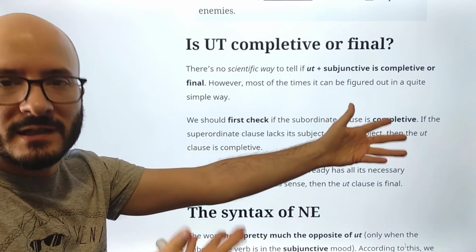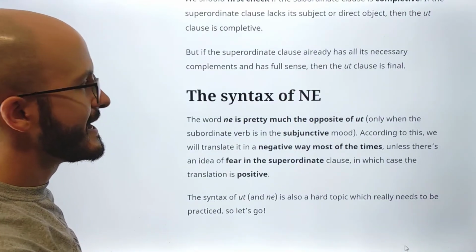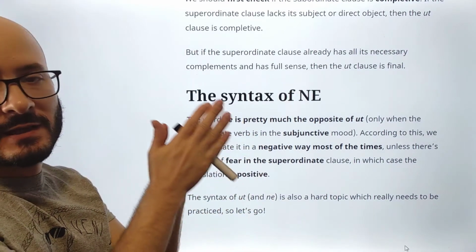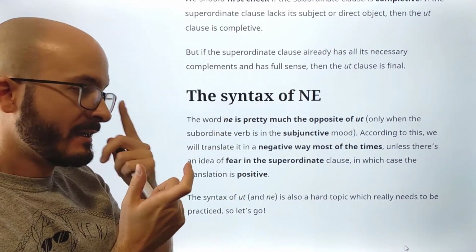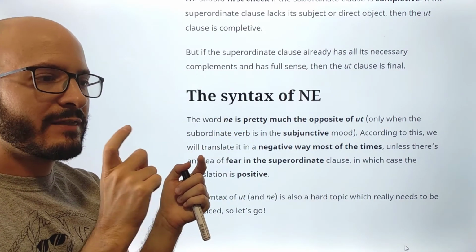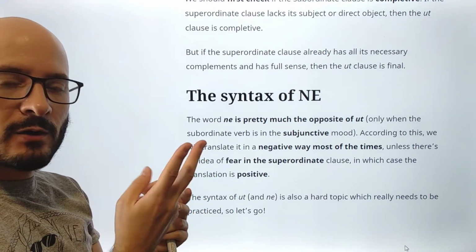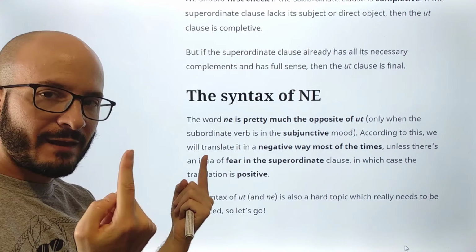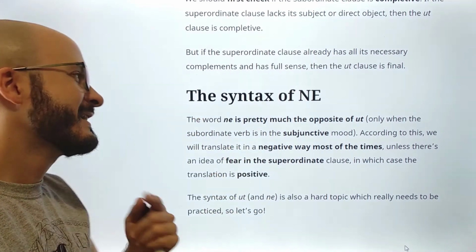And then, the syntax of ne. I don't know if you say this in English, but in Spanish we have this idiom, the two faces of the same coin. So now we have ut and ne, and they are kind of the same, but opposite.